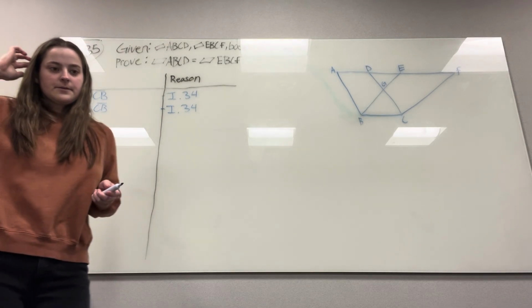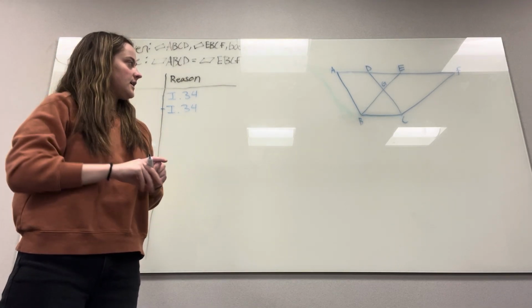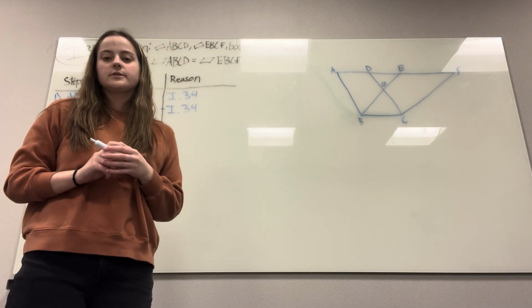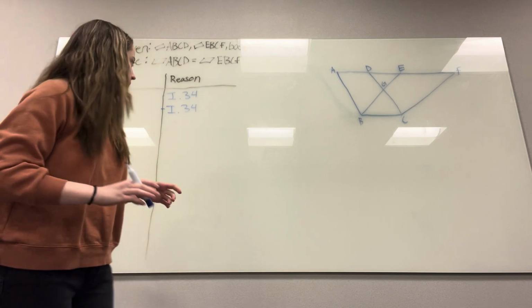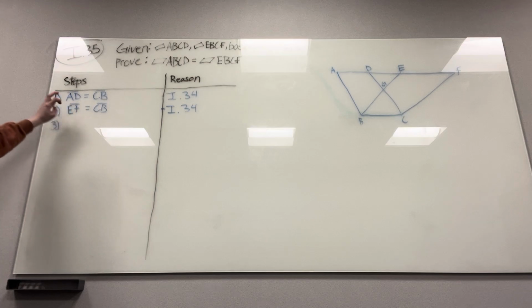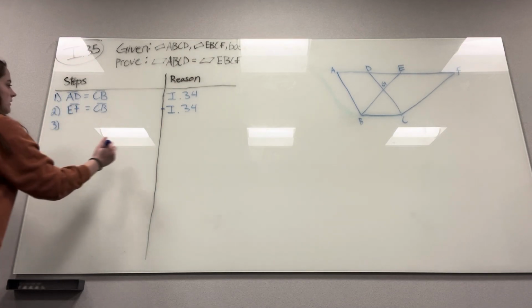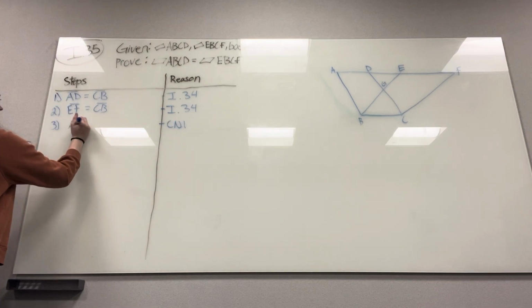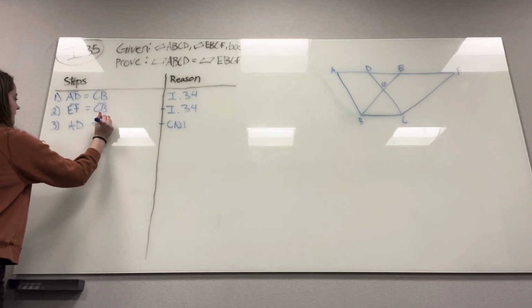So for step 3, now we're going to say that AD equals EF because of common notion 1, those which are equal to each other are also equal. And since we proved these two are equal and these two are equal, we can now say that these two are equal. So AD equals EF.